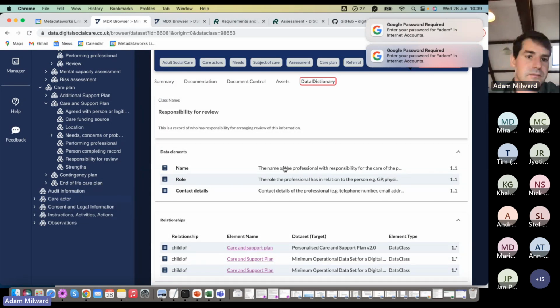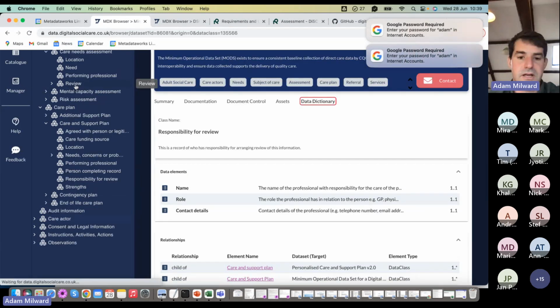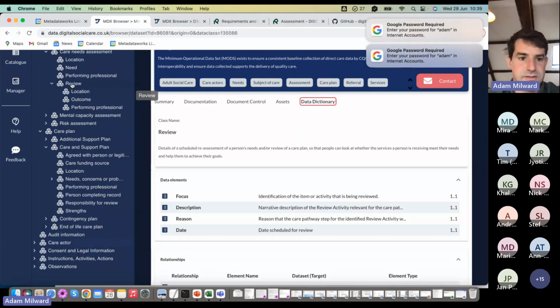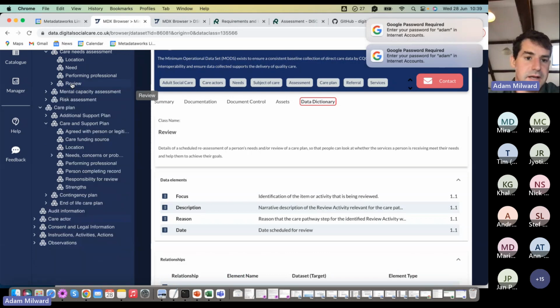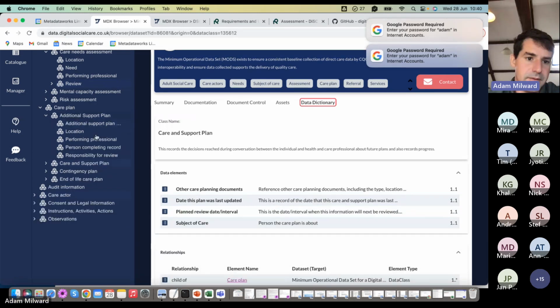When we're looking at assessments, there is a review, which is a class that says who should be doing it, where it's done, what the outcome is, when it's scheduled, all of that kind of stuff. And here we've got responsibility for the review, so potentially we need to merge those two concepts and make sure that they're consistent. And that goes for the care and support plan, and it also goes for the additional support plan.